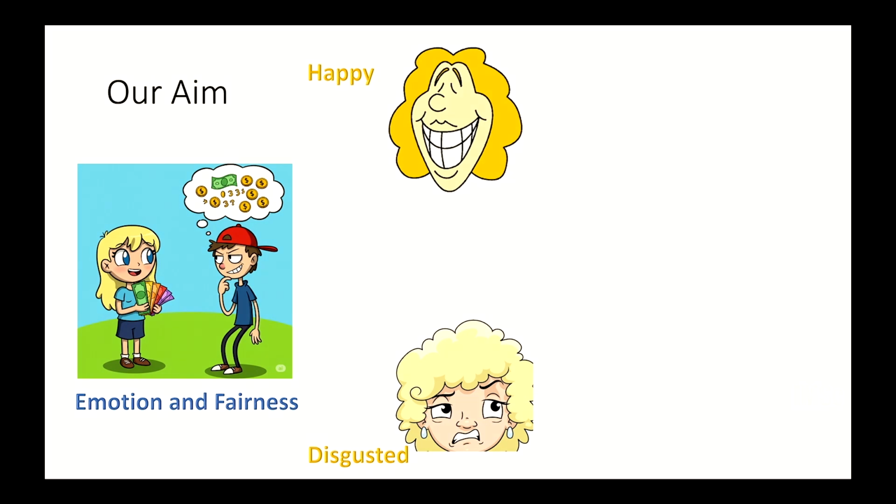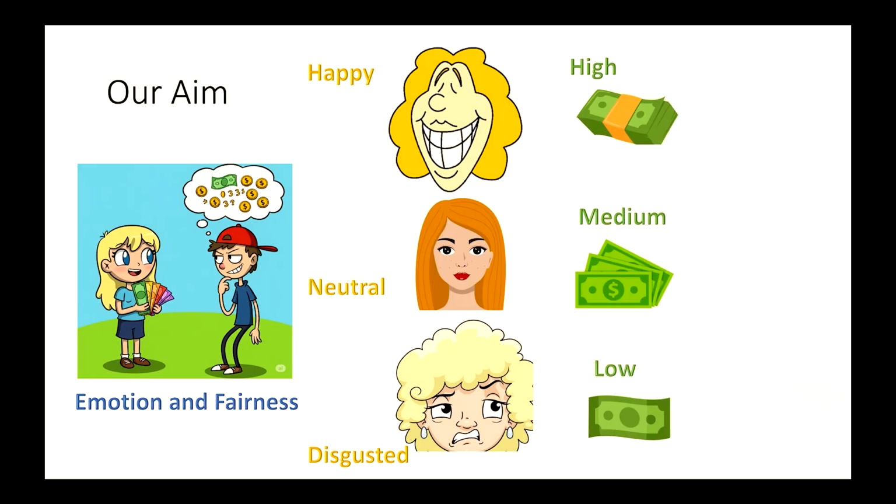We only have happy and disgusted, and we also have neutral expression as a control, and we have 3 sets of offer. We give $100 to the proposer, and the proposer can split it as 80-20, a low offer, 30-70, an intermediate offer, and 60-40, a high offer.